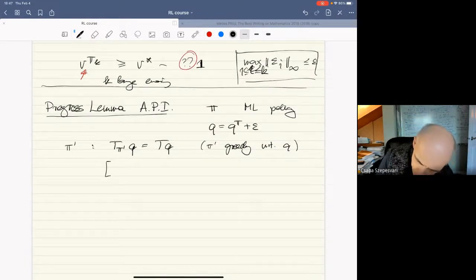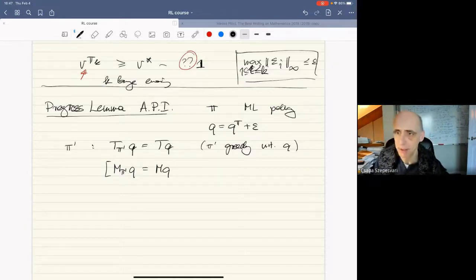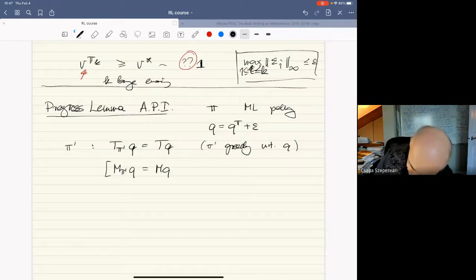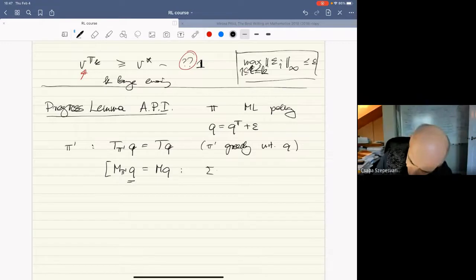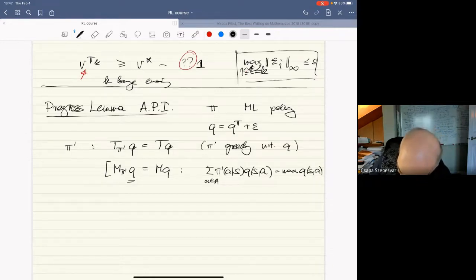This is just a very complicated way of writing that M pi q is equal to M q, which you may still find complicated, but it's just a handy shorthand for saying that pi prime selects actions at every state which give you maximum values of this function over the state action values. This holds for every s. It's just a shorthand for that.